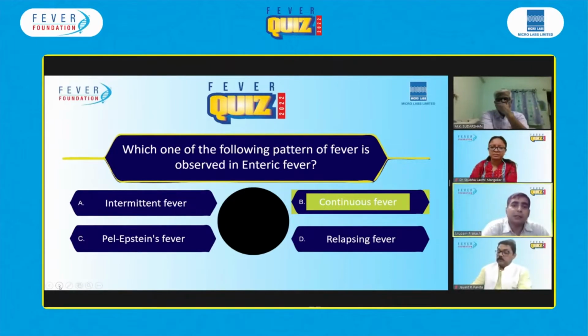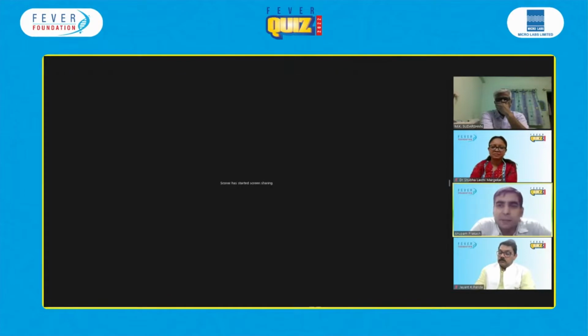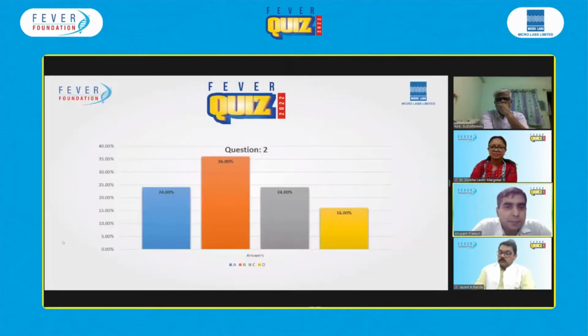So these are important things, and I have just discussed all the four because when you actually deal with MCQs, you should know all the choices. That will enrich your knowledge also, and you will be able to identify it because another MCQ could be based upon relapsing fever or Pel-Ebstein fever. Well, computer ji, can we have the correct answer? So I mean the number of persons who got it right.